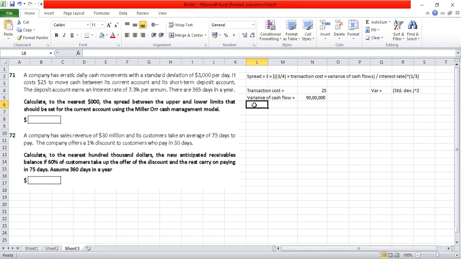What else do we need? We need to know the interest rate. Interest rate is given as 7.3%.